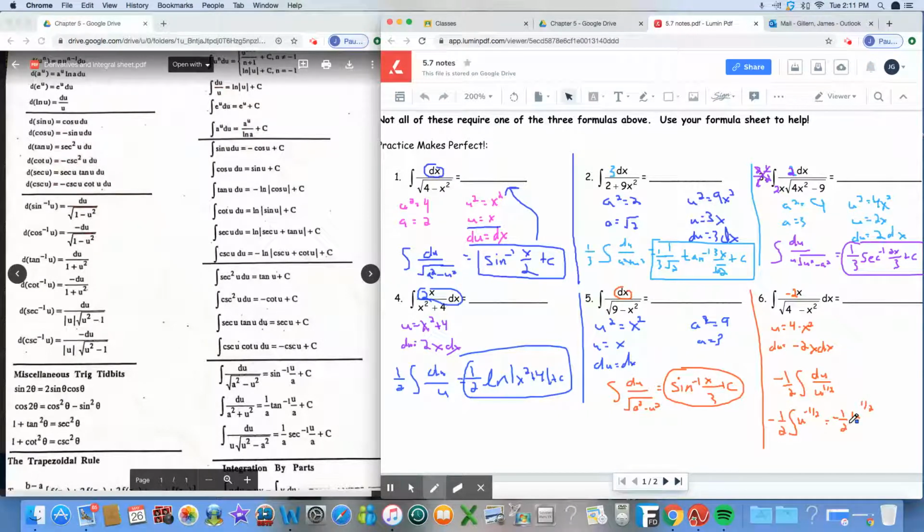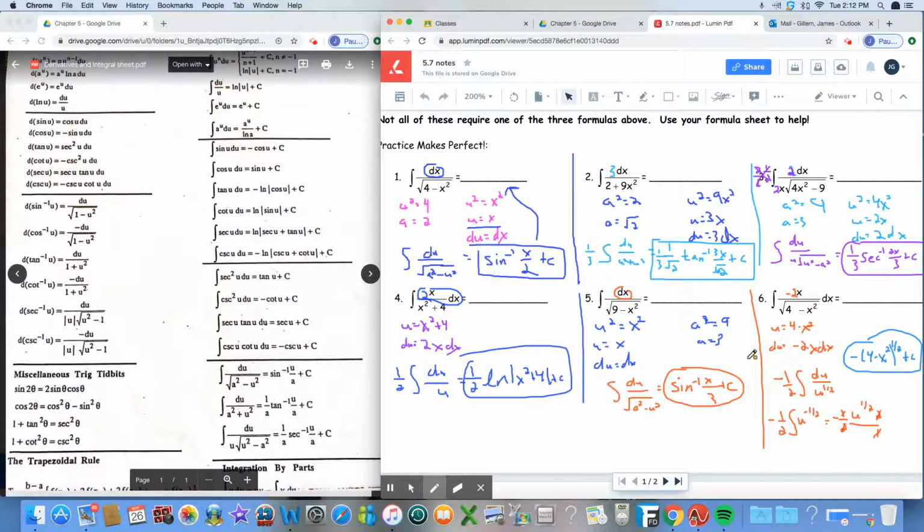And then I take the reciprocal of that, which means I put a 2 here and a 1 here. They all cancel. And I'm left with an answer of -u to the 1/2 plus c, which is -(4 minus x squared). Now you could just put the square root, but I'm not going to. I'm just going to put plus c. And there is your answer.